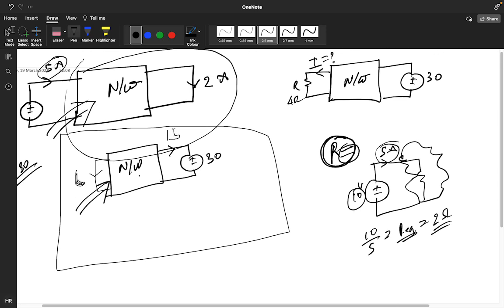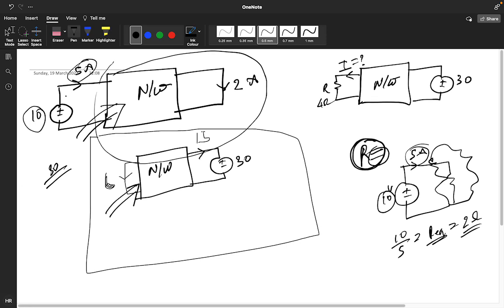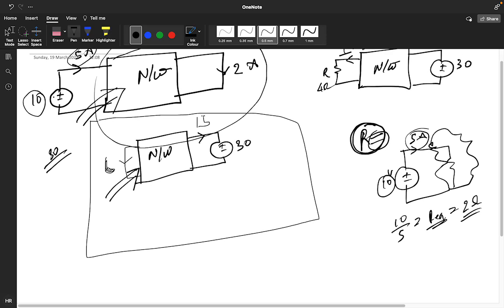For finding R equivalent, we do the short circuit, and the Thevenin's part will be the short circuit. If you want to find the value of R, you can do 30 divided by 15, or you can do 10 divided by 5. I have to see from this point, then only I am doing this 10 divided by 5.